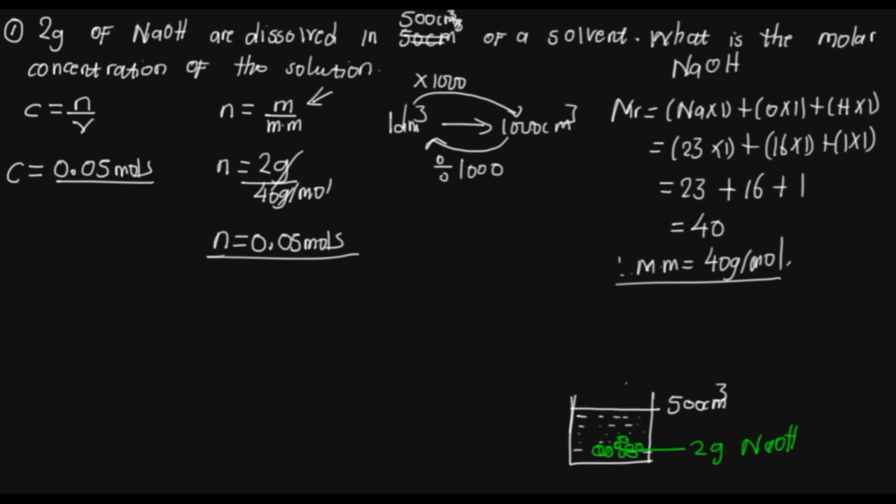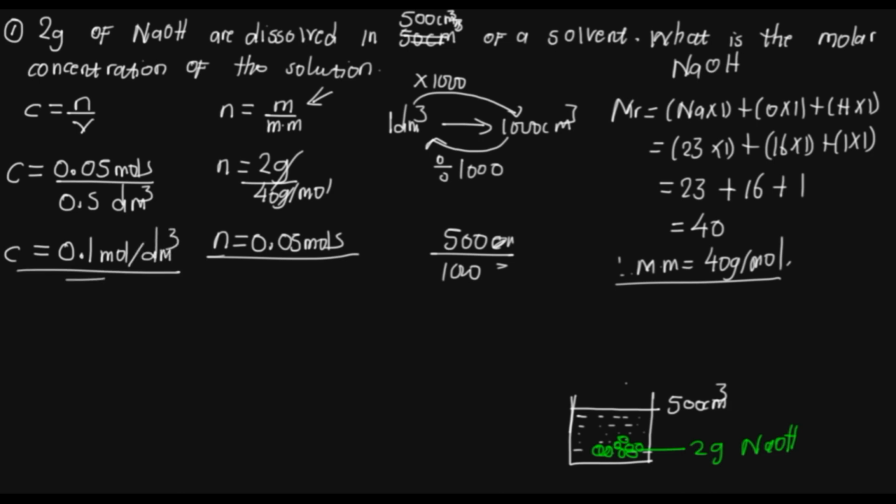Since we are converting from centimeter to decimeter, we divide. So 500 divided by 1,000, you get 0.5 decimeter cubed. So concentration is equal to 0.05 divided by 0.5. Our answer is 0.1 moles per decimeter cubed.